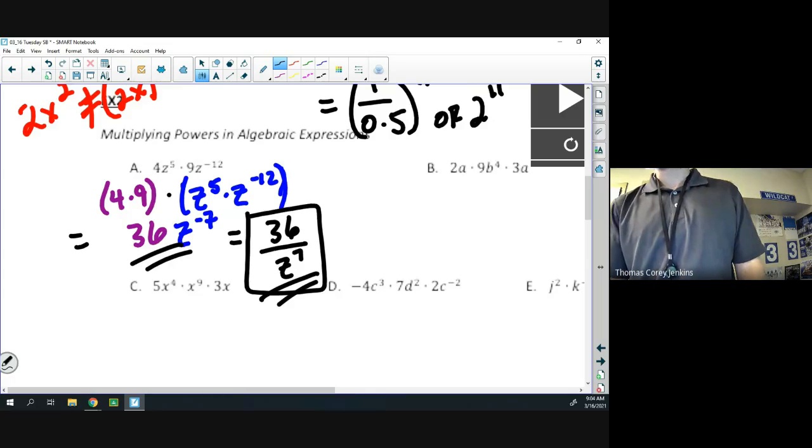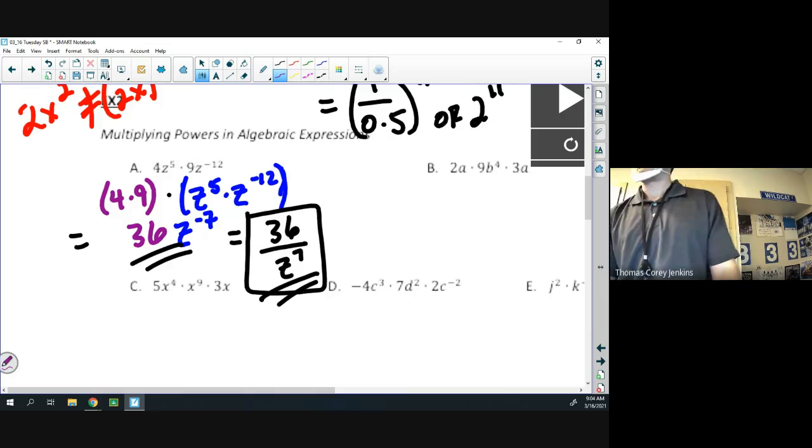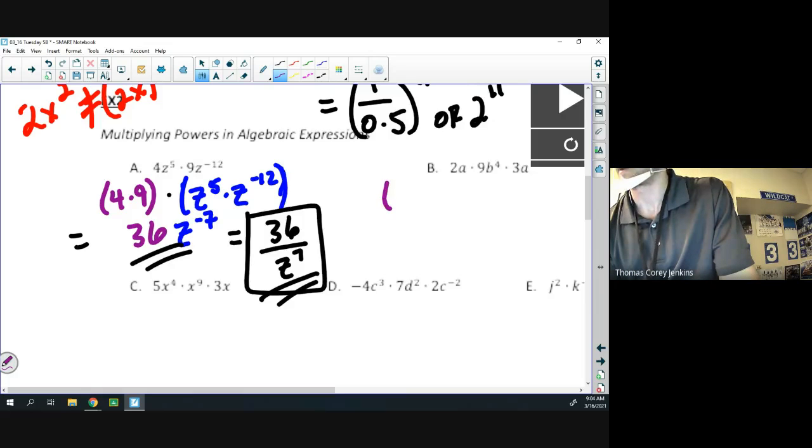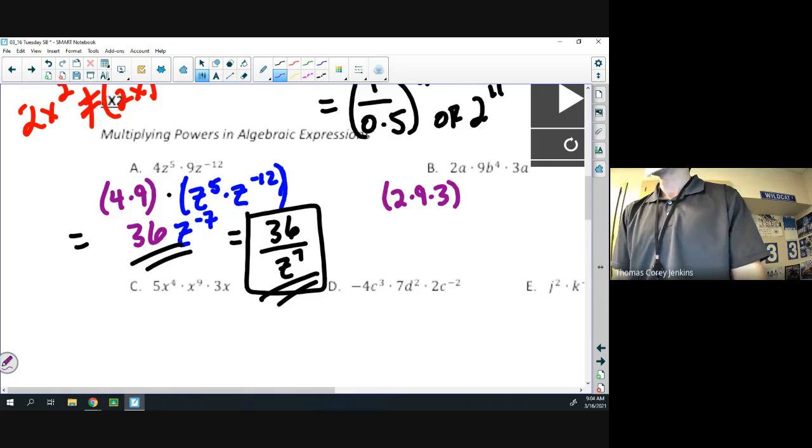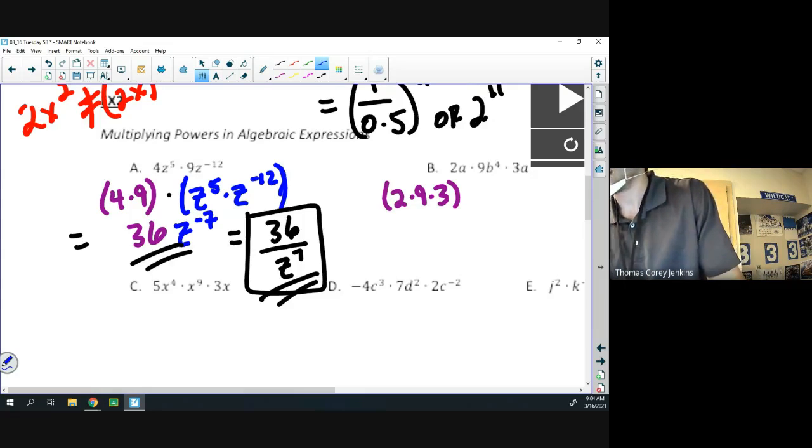All right, so looking at the next example, my coefficients are all going to go together. So I'm thinking 2 times 9 times 3 is going to be my coefficient, whatever that is, right? I'll let my calculator handle that for me so I don't make any silly mistakes. I put my a stuff together. So then I have a to the 1.